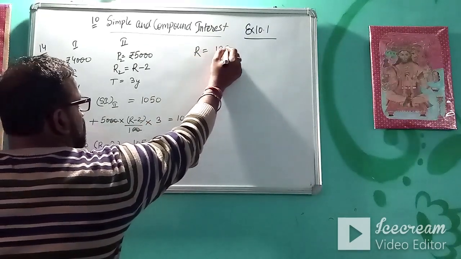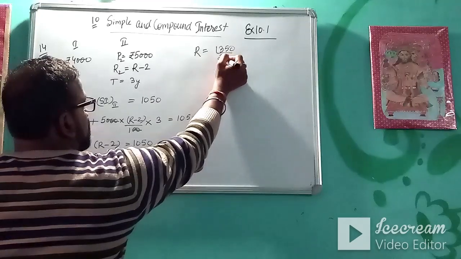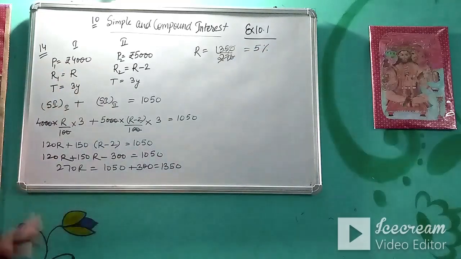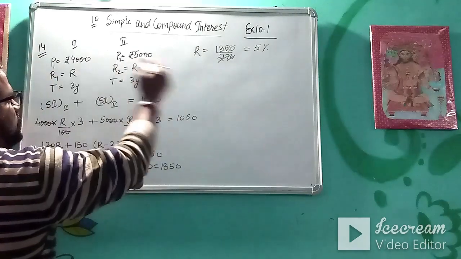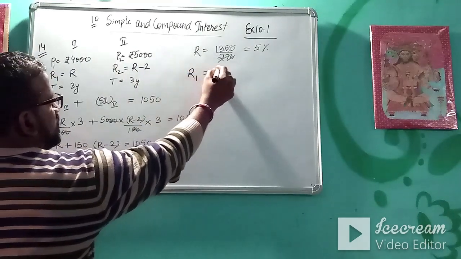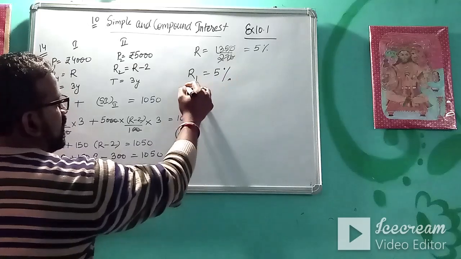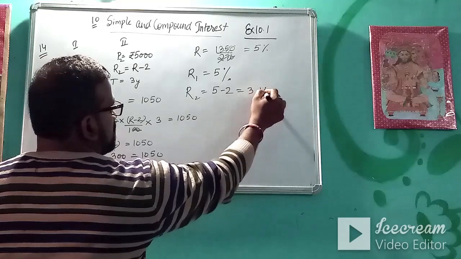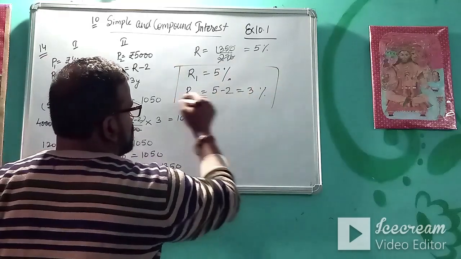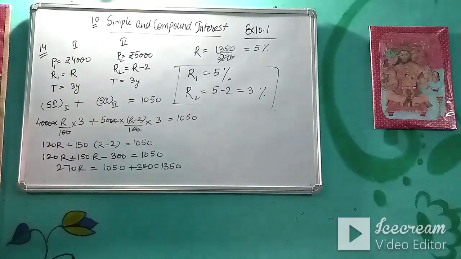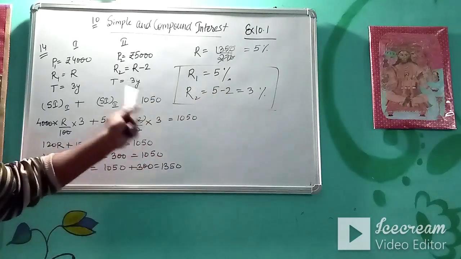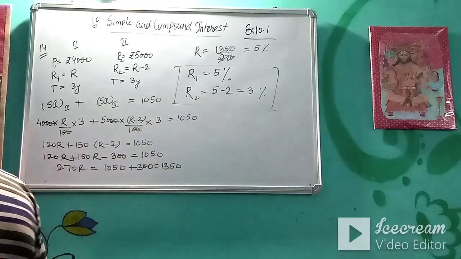R is 1350 upon 270, that is 5%. So for the first case R is 5%, and for the next case it is 5 minus 2, that is 3%, since it was 2% lower. So these are our two answers: for the first case the rate is 5% and for the second case the rate is 3%.